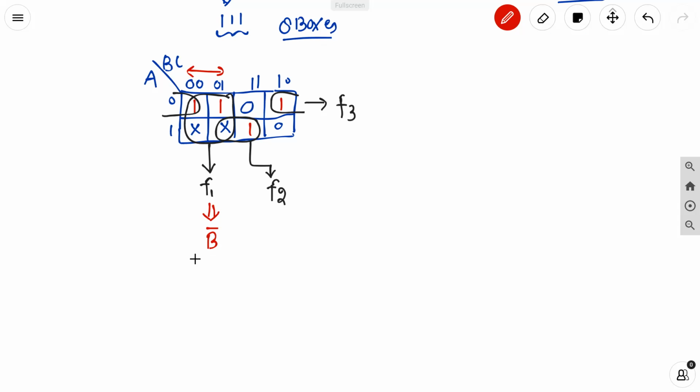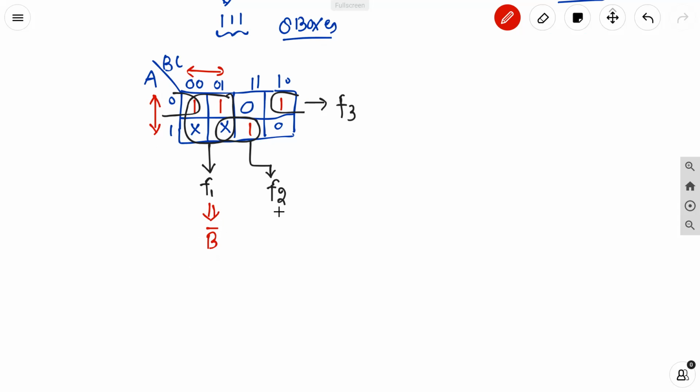So simply write B bar here. A is changing, so we don't take A, and B is not changing, so B is taken, but in complementary form.